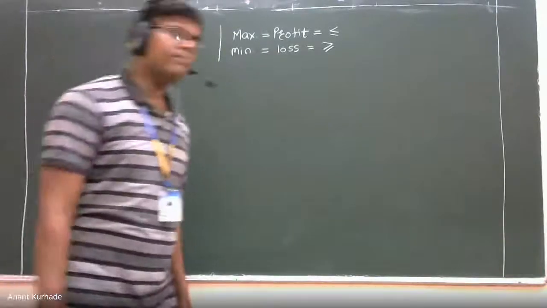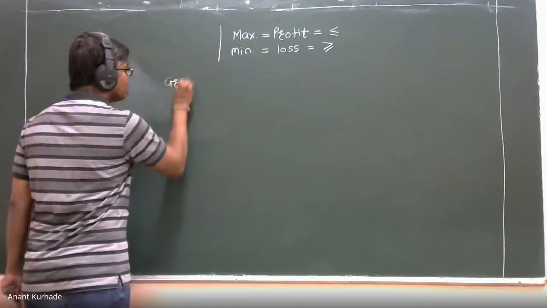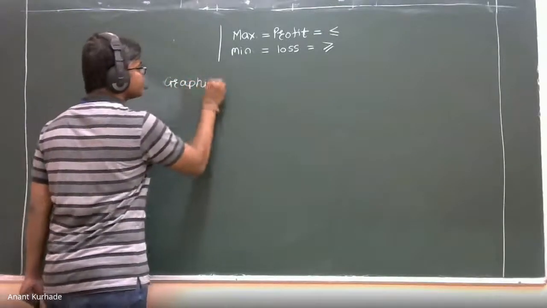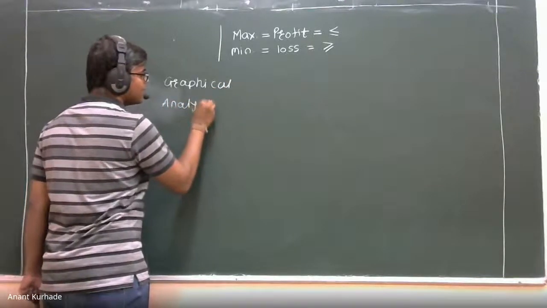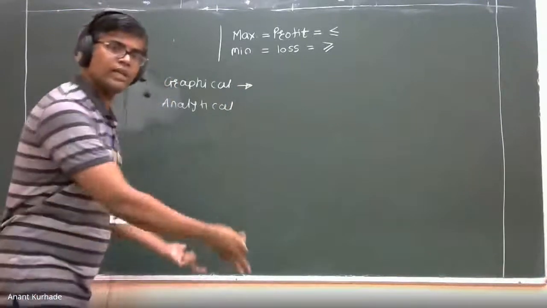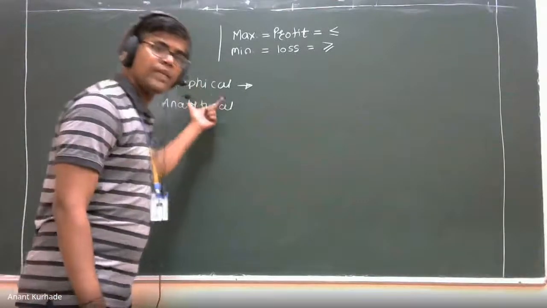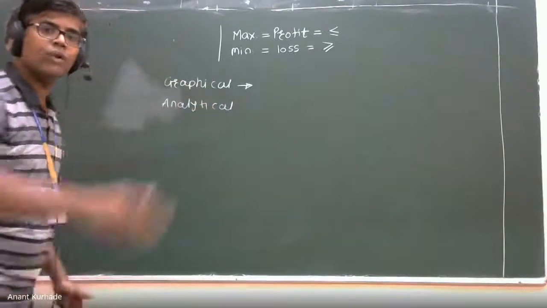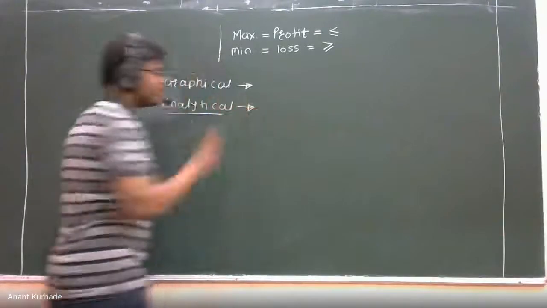One is the graphical method and the next one is the analytical method. The graphical method we have seen again today. In this lecture we will see 2 to 3 types of problems related to the graphical method only, and from tomorrow we will start the analytical method.